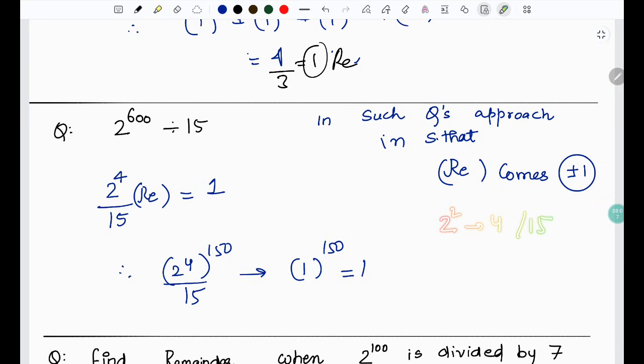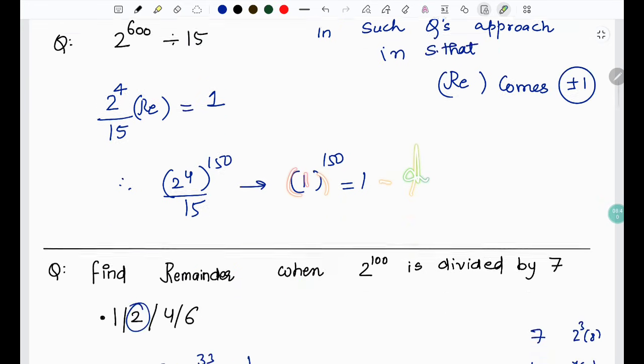We won't be getting 1 for 2 to the power 3, that is 8, as remainder. But 16 by 15 gives remainder 1, so this will work. So we'll break this expression into 2 to the power 4, to the power 150, divided by 15, and whatever remainder comes out in between, that remainder will be kept in place of the original number and we'll use the exponent. Hence in this question the answer will simply be 1 to the power 150, which is 1, the correct answer.